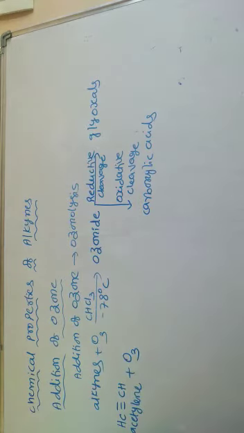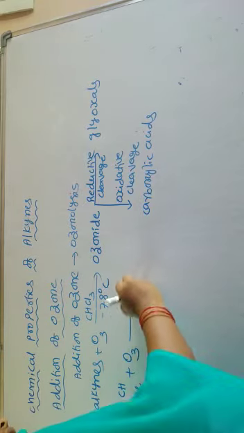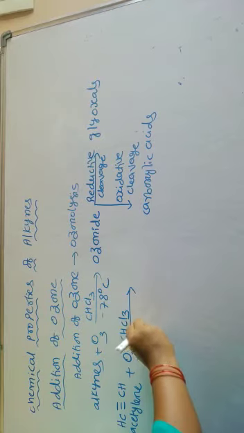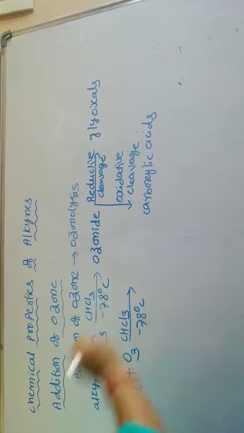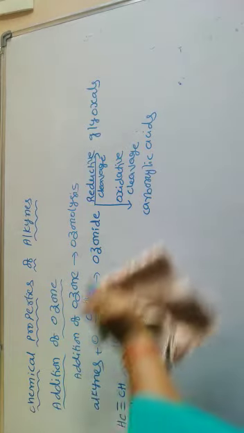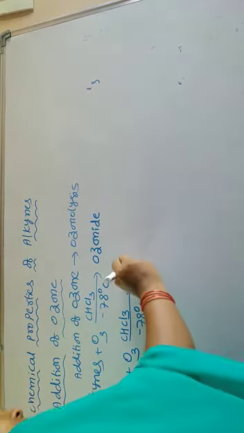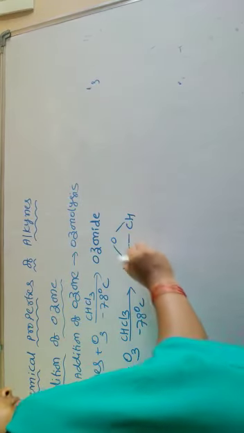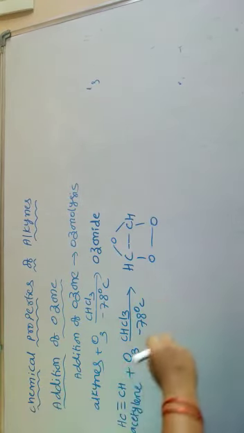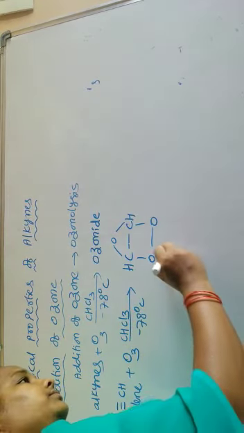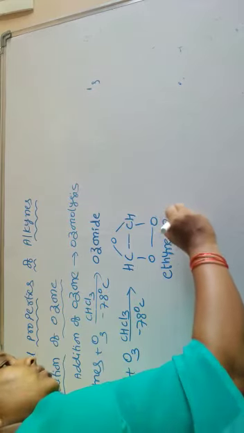On addition of ozone in the presence of some inert solvent, that is CHCl3, at minus 78 degrees Celsius, it forms the ozonoid, that is ethyne ozonoid. This is ethyne ozonoid.